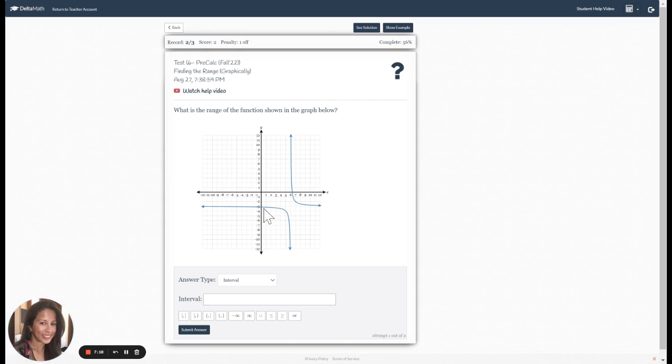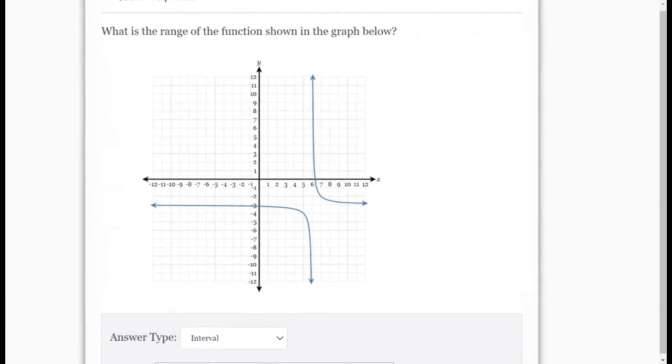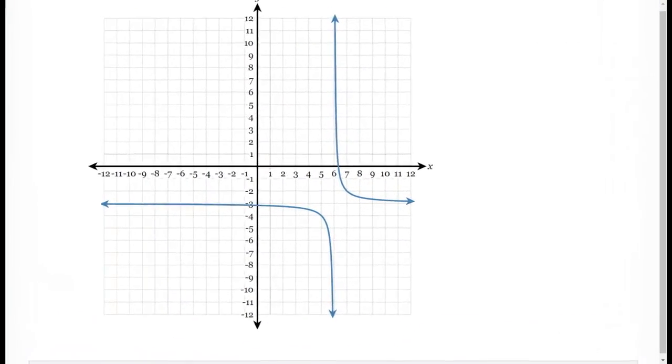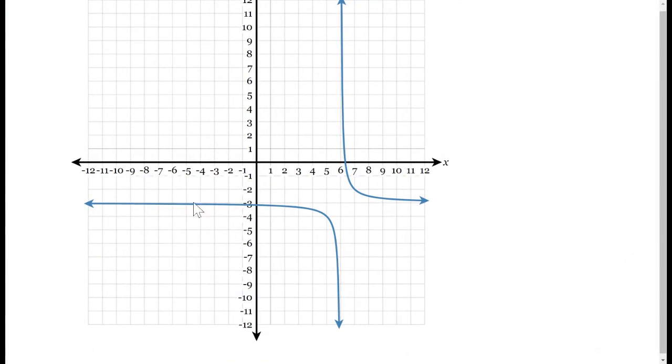To give you a clearer visual, notice that if I draw a horizontal line right here against this -3 line, that blue graph stays underneath that -3 the entire time. Then this graph starts on the other side of -3, and it goes all the way to infinity.